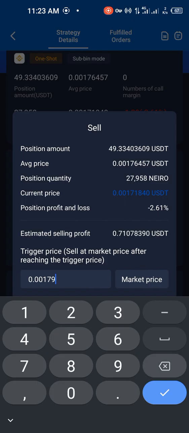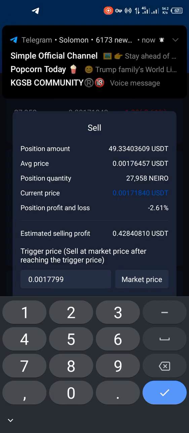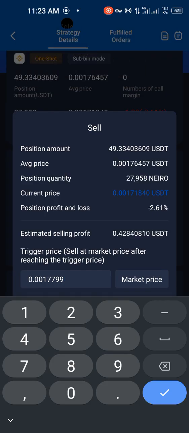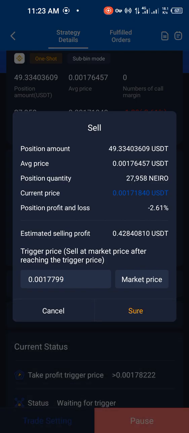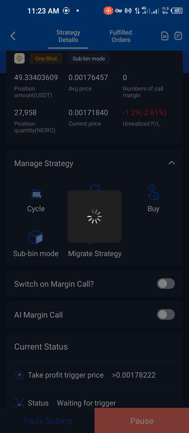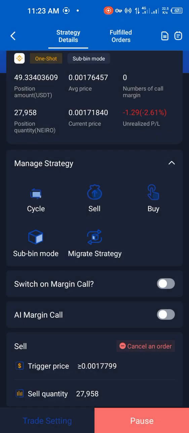Okay, so we leave it at 177, okay, 99. So you can see it's taking like 0.4%. So when this is done, you now click the show. See the show down here, you click the show. Now look at what is happening here now.